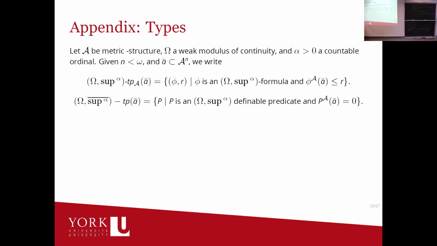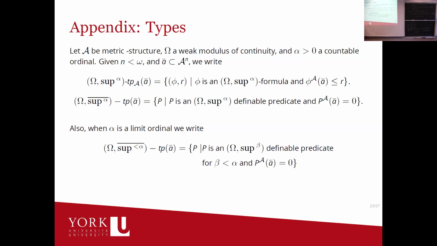Now that's for formulas. You can also do it for predicates, that is, close under uniform limits. That is what the weird bar on top of the Σ_α means. It means I'm not just talking about formulas, but I'm talking about definable predicates. And when I have a limit ordinal, I can put all of them together, but not cap it off. So for example, you can think about the Σ_ω type.